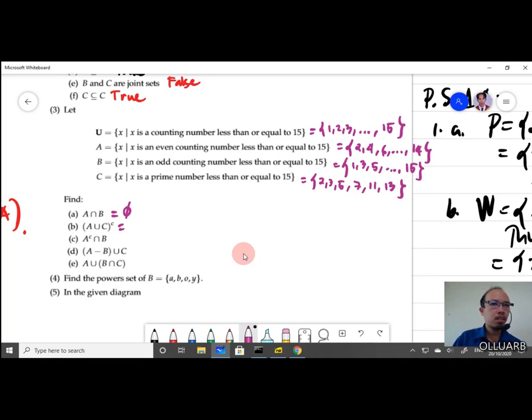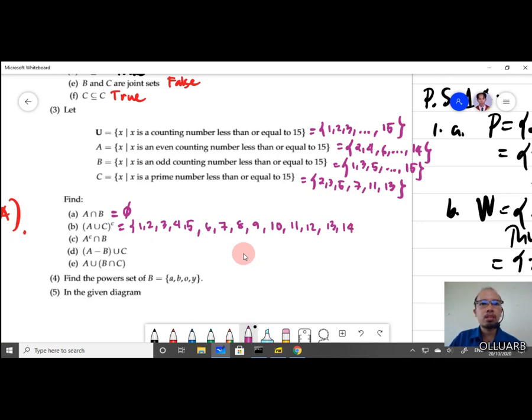For letter B, the union of A and C. So as you can see here, the union of A and C is 1, 2, 3, 4, 5, 6, 7, 8, 9, 10, 11, 12, 13, and 14.